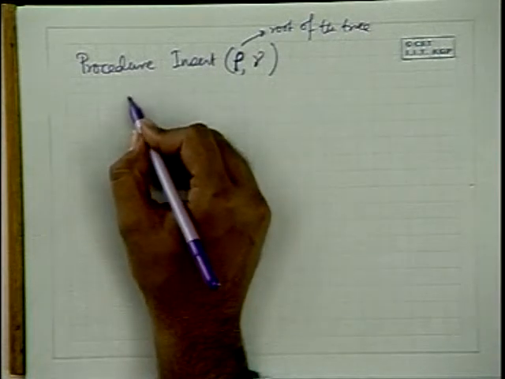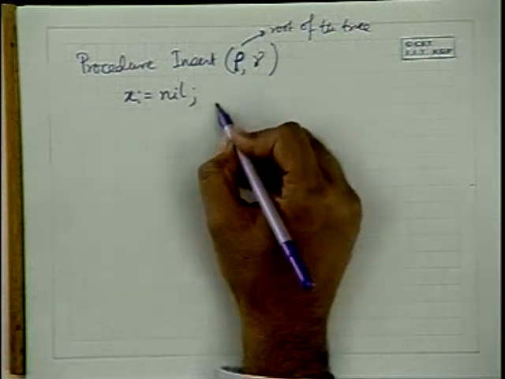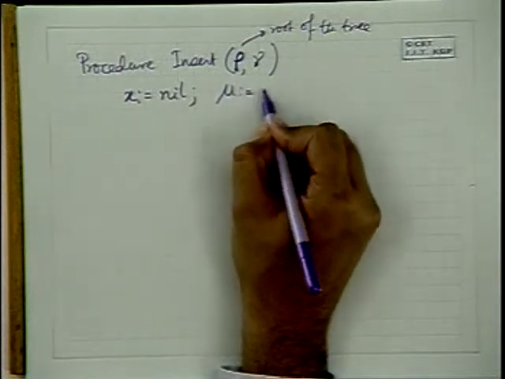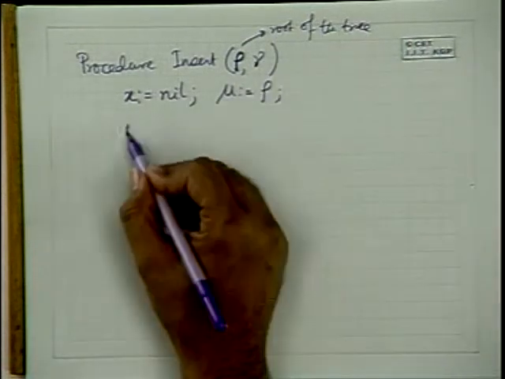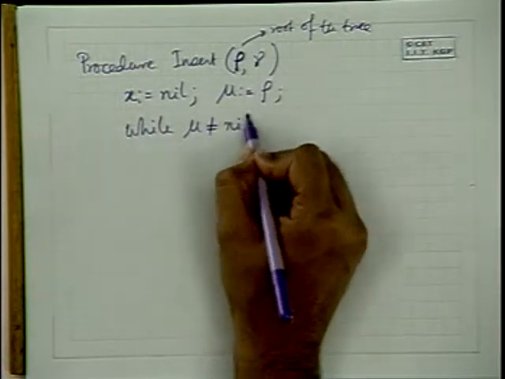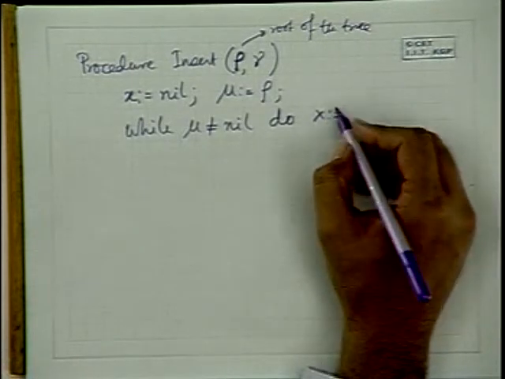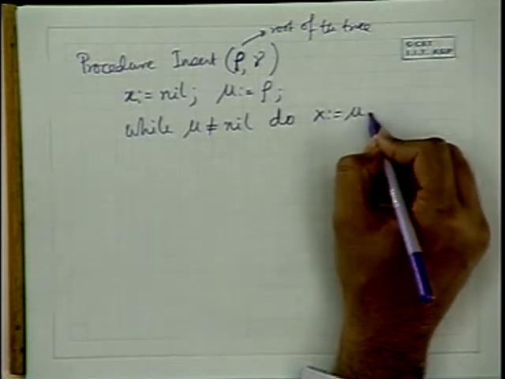Initially I use a variable x set to nil, and mu set to root. While mu is not equal to nil, do x is updated to mu.